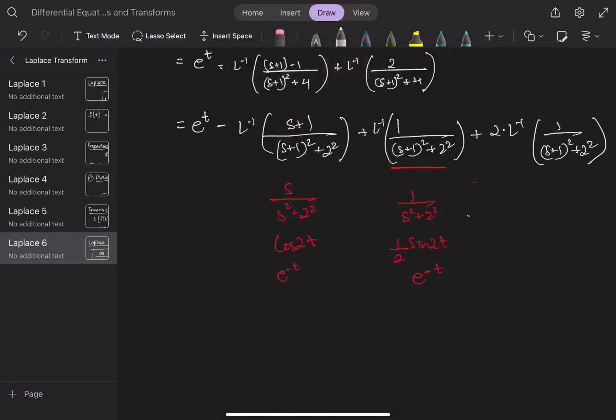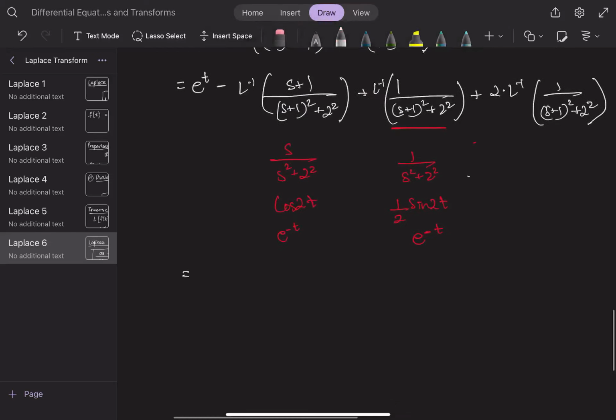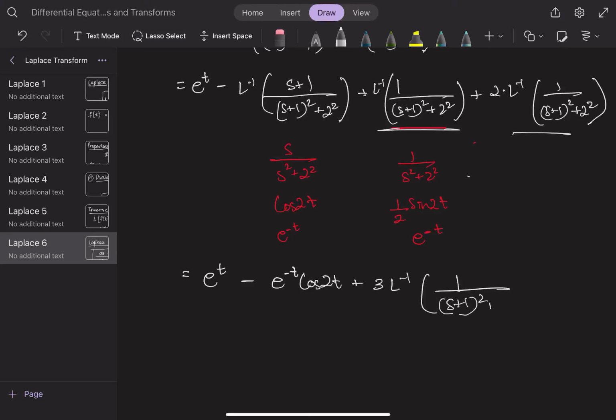So let's continue. So this becomes e raised to t minus e raised to minus t cos 2t plus, guys, we can add these terms. This is 3 times Laplace inverse of 1 upon (s plus 1) whole square plus 2 square.